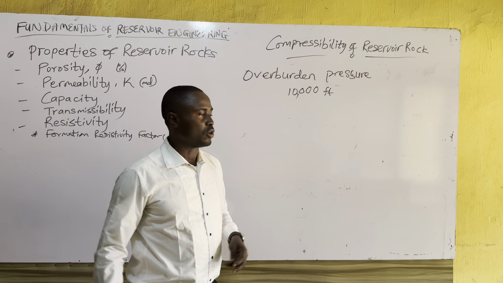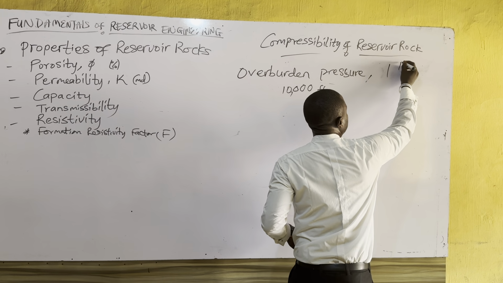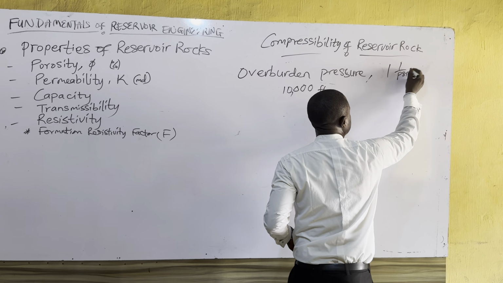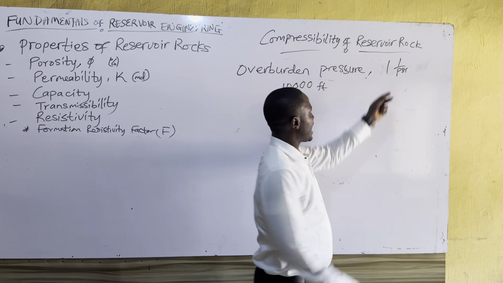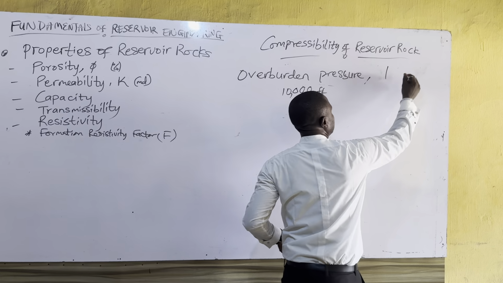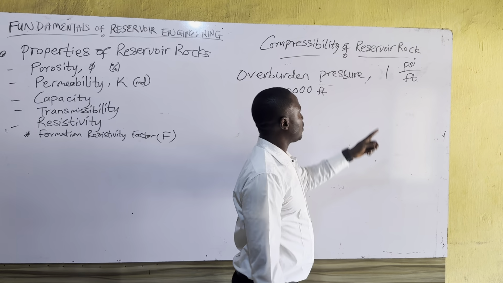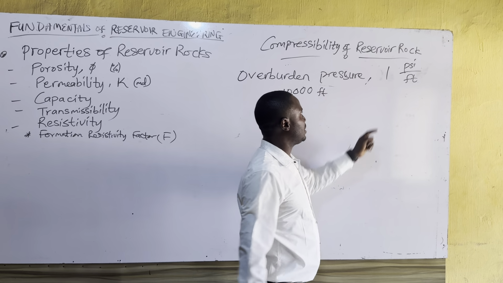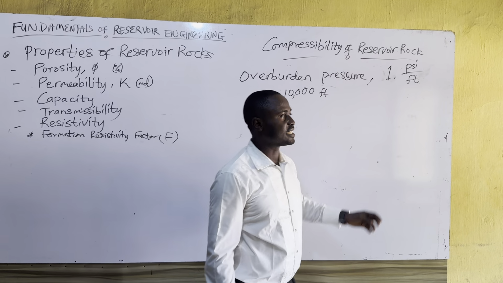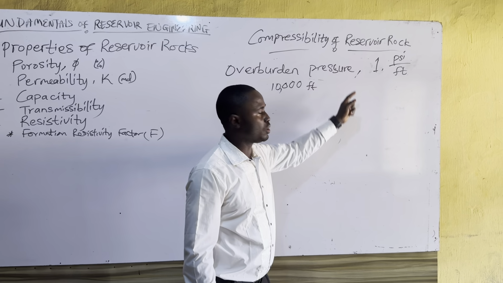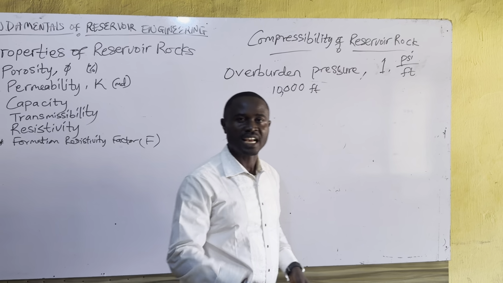the overburden pressure gradient we take as 1 psi per foot. Okay? So we consider our overburden pressure at 1 psi per foot. What this implies is that for every 1 foot which we cover, we will encounter 1 psi of force.